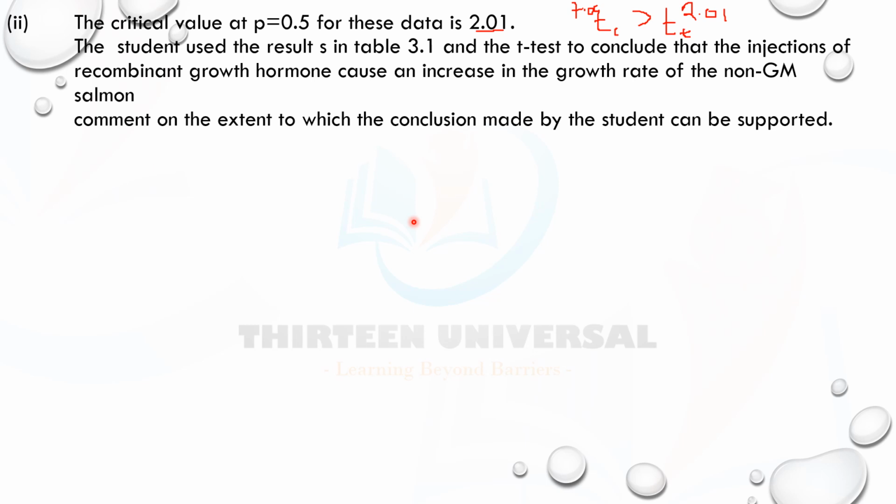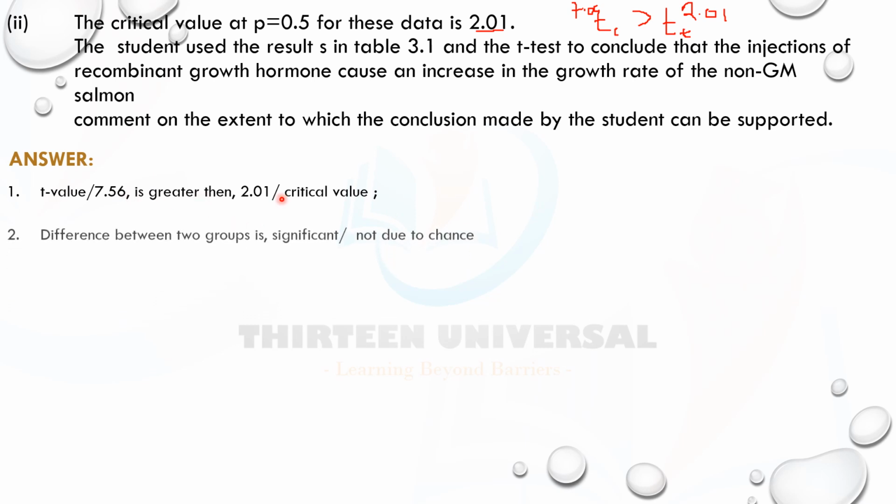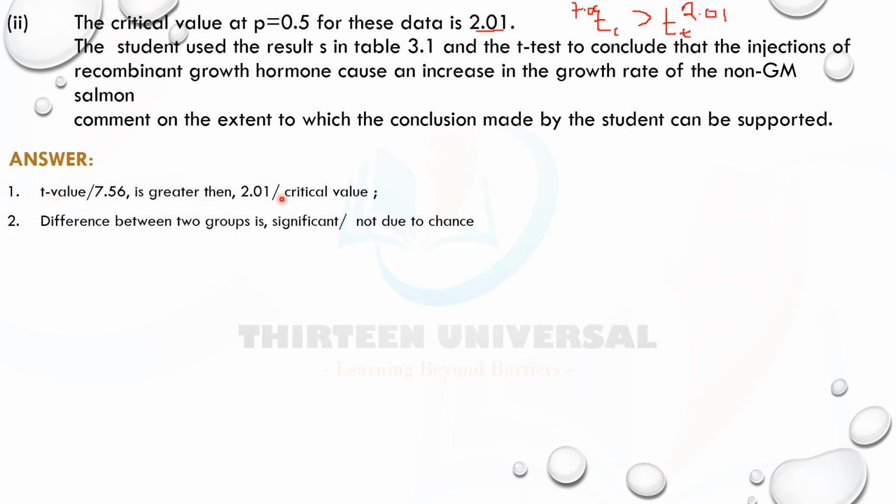Okay, so like I told you, the first thing to say is that this is greater than that critical value, so the difference between the two groups is significant. Yes, so because this says we should reject, if this is greater than this, so reject the null hypothesis. Null hypothesis says that it is not significant, so reject it means that the difference between them is significant, so it's not due to chance.